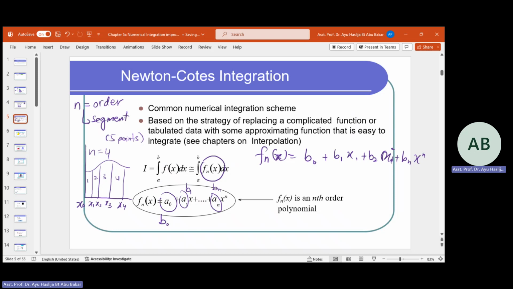That is your points. Before this, you are given the points and also the function. But now, using those points, you will interpret it into the area under the curve, the trapezoid shape.